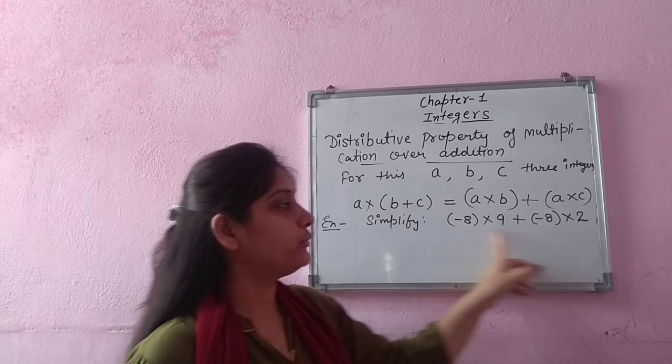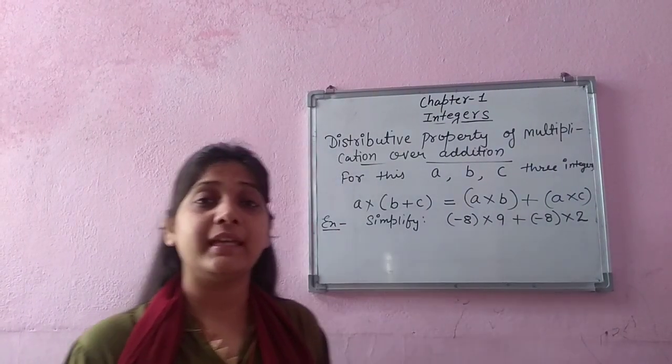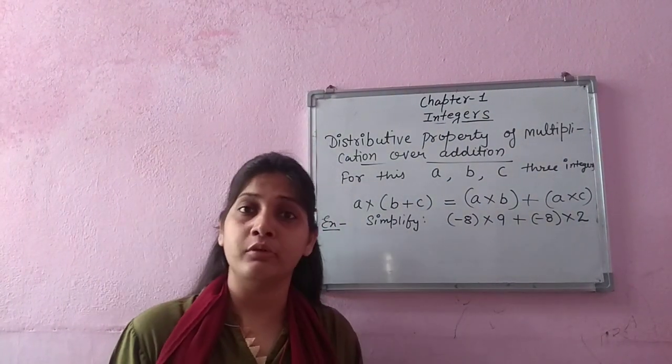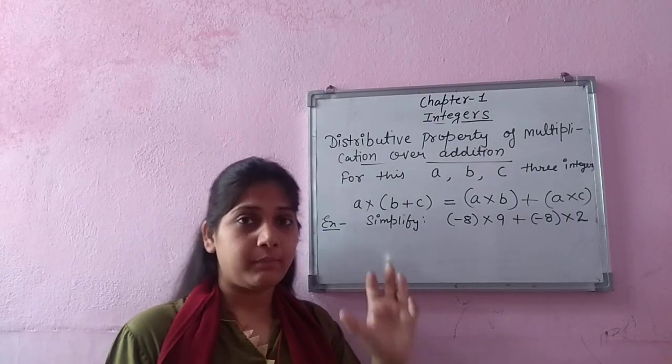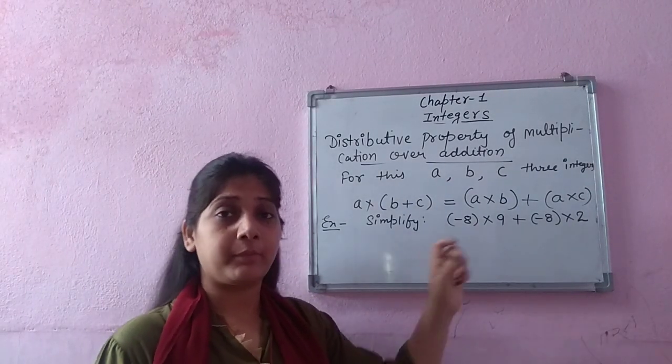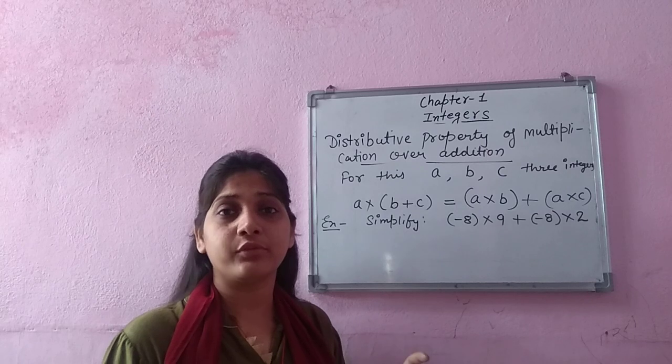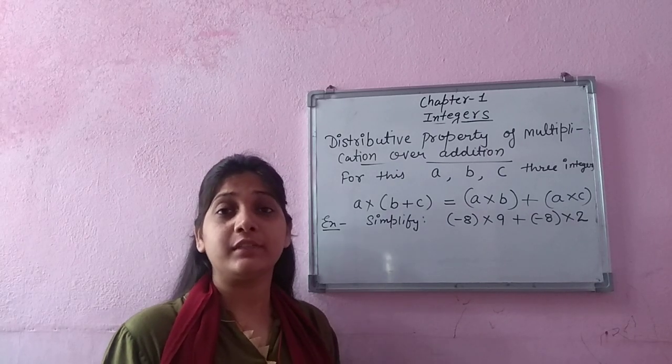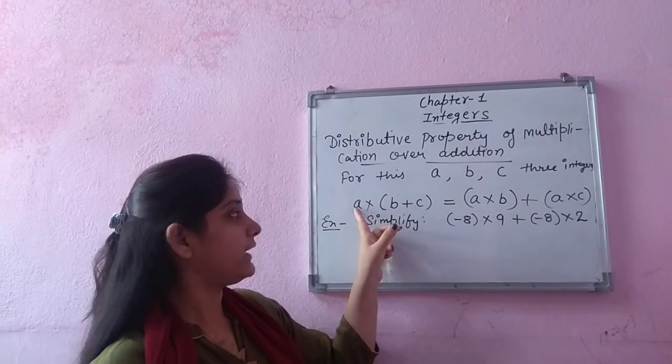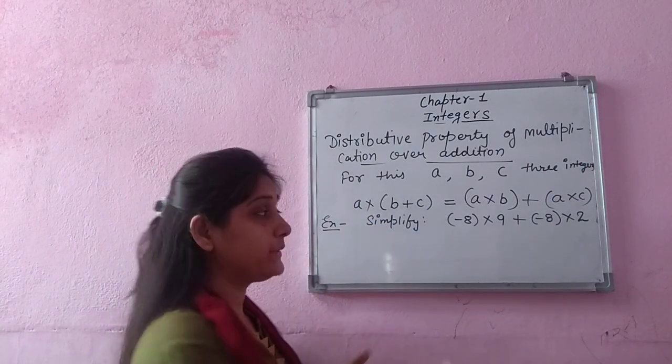The first step, you have to see whether any integer is repeating or not. Children, remember that if you are solving by distributive property, then definitely the question will be in that form where you will get one integer common. Like here, A is common, that's why it's outside.